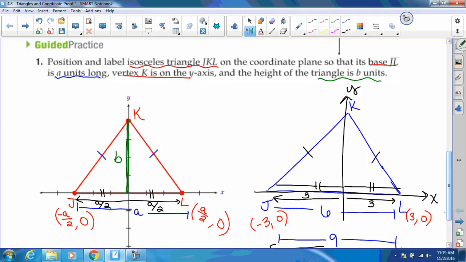So if I'm traveling at 0 up B units, no different than I said if I want the height to be 6 units, if I wanted the height to be 6, I'd put K up here at 6, which would be the point 0, 6, right? Because on the y-axis, your x coordinate is always 0. We want it to be B units. So this is going to be 0, B. And now I have my figure in the coordinate plane with all the vertices labeled.